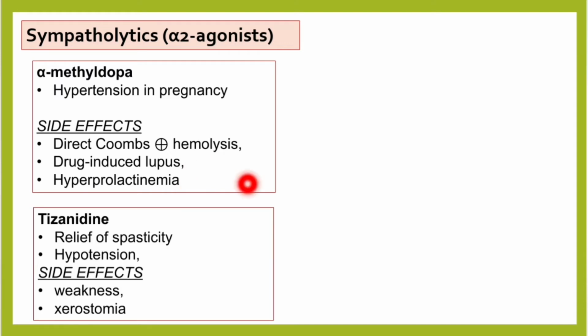Next, this drug causes relief of spasticity, and we use it in hypertension. Its side effects include weakness and xerostomia, that's dry mouth.